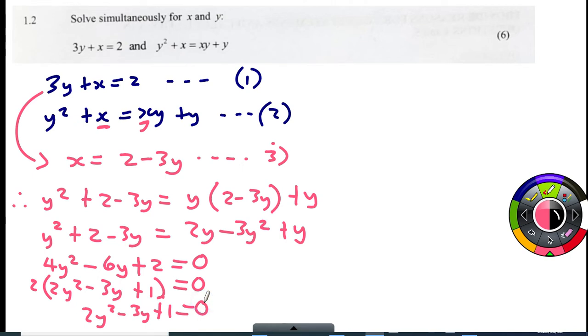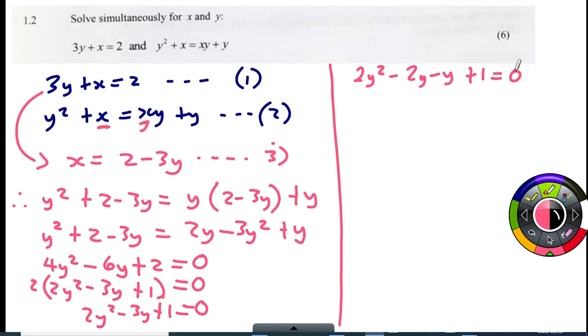Then this 2 times the 1 will give me a positive 2. Okay, because I like to factorize, I can break that minus 3y into minus 2y minus y, so 2y squared minus 2y minus y plus 1. Then I'll factorize this.